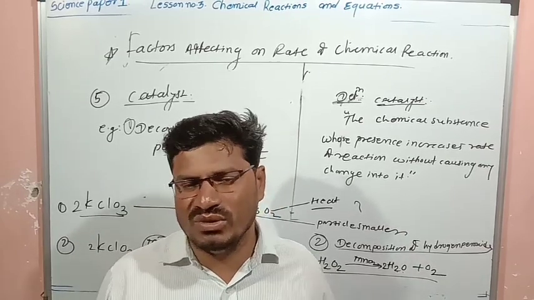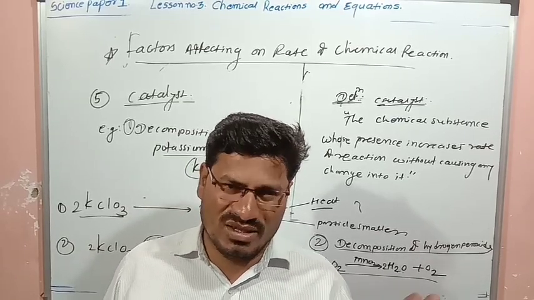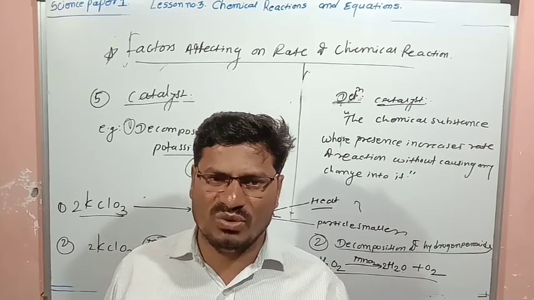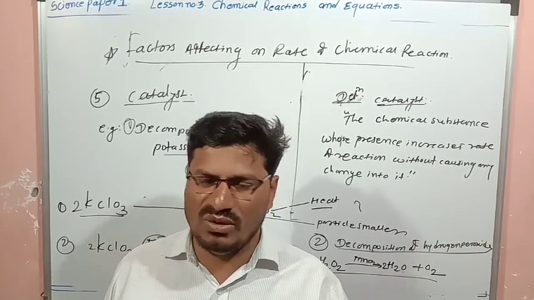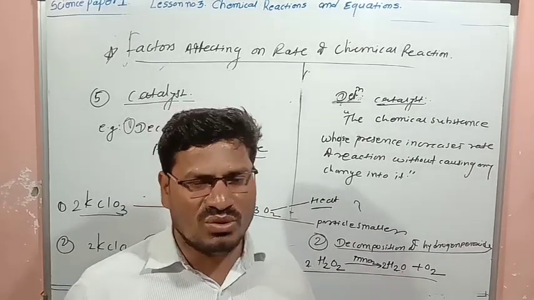The second example is decomposition of hydrogen peroxide: if you use manganese dioxide, hydrogen peroxide will decompose into water and oxygen. So H2O2 will get converted to H2O plus O2.